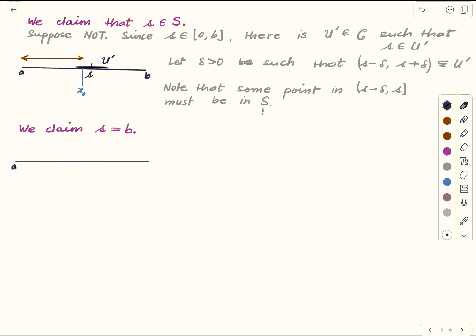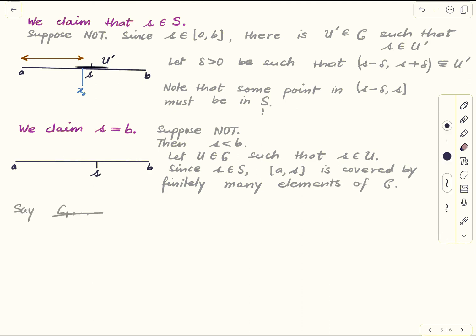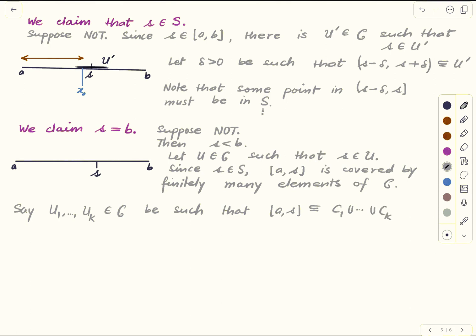So we have A comma B, let's say, suppose that S is strictly smaller than B, and here we can mark it out, S, and let U be in fancy C such that S lies in U. Also, since by the previous claim little s is in capital S, this is covered by finitely many elements of fancy C. So say, let me write U1, so these finitely many elements are such that this entire thing is contained in this union.